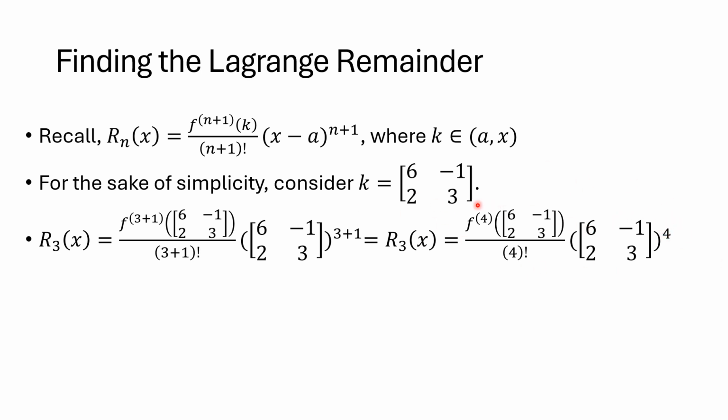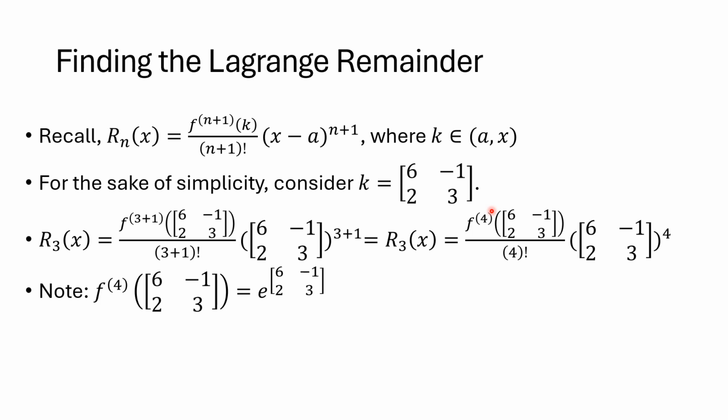The main problem that you probably notice is this thing right here. How do we find the fourth derivative of f of A, the matrix A? To evaluate that, we need to realize the fourth derivative of f of x. Now, what was f of x? f of x was just e to the power of x.